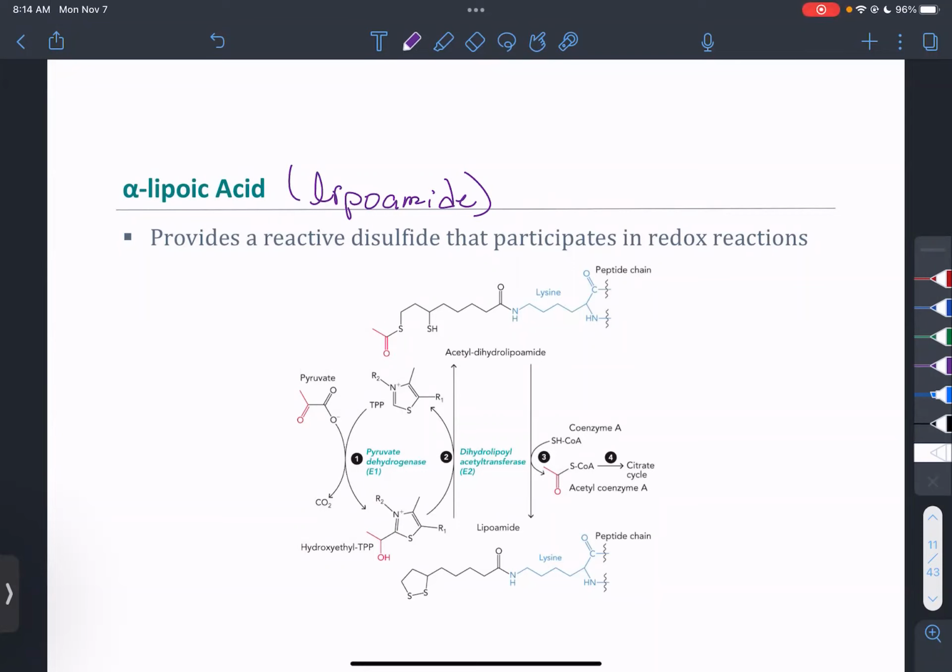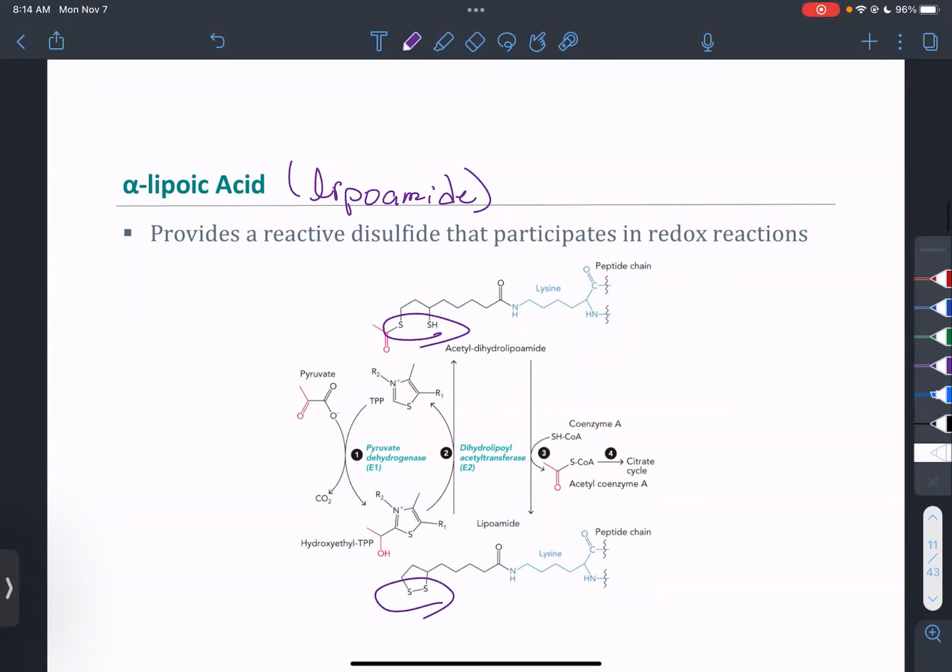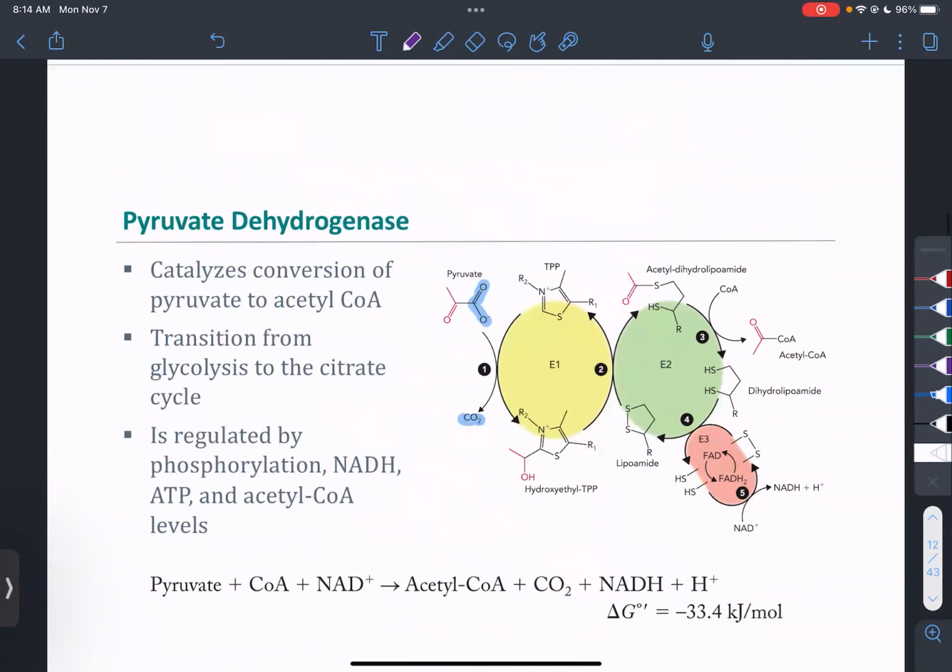And so this one is not derived from a vitamin because we can make it, right? And so we have our reactive sulfurs here, and we're going to actually allow them to participate and reduce, and we'll see it in the whole pathway. It's a whole lot easier to see it in the whole pathway right here.